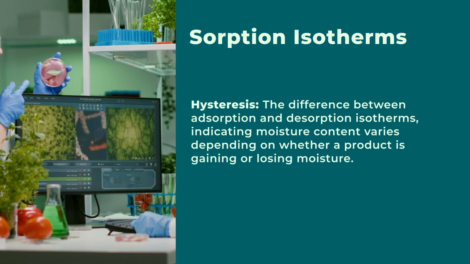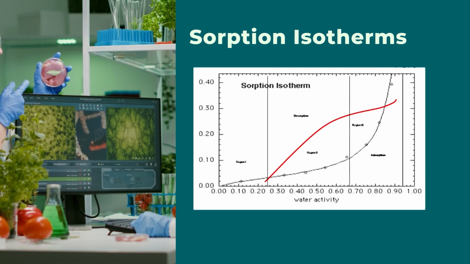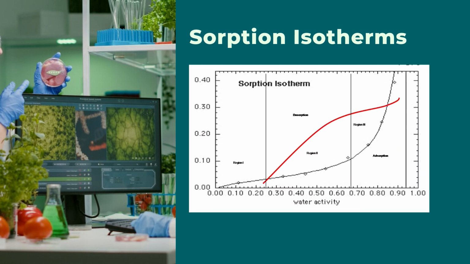That is the difference between the adsorption and desorption isotherm, which we will show you in the next slide. So, this is a typical sorption isotherm. We have water activity, then we have moisture percentage. So, you can see in this graph there is adsorption and desorption.